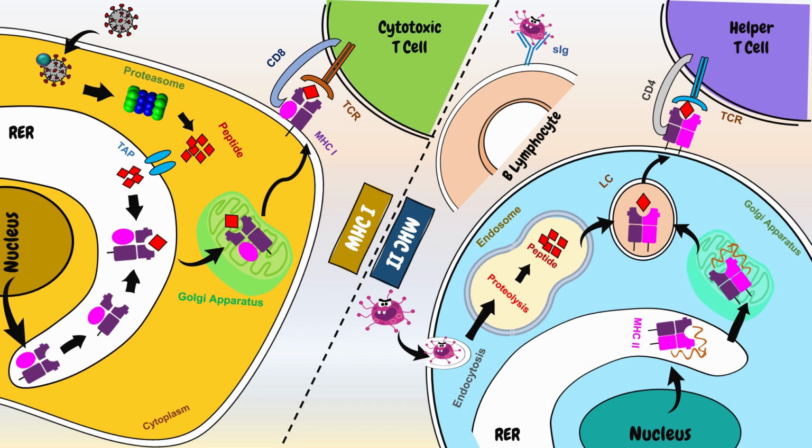Thus, the type of T cell response that occurs is determined by a sequence of factors. Firstly, by the type of T cell, meaning CD8 cytotoxic or CD4 helper. Secondly, by the class of MHC, meaning MHC class I or MHC class II.